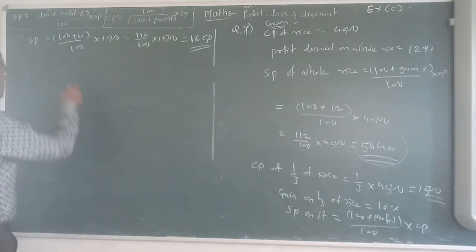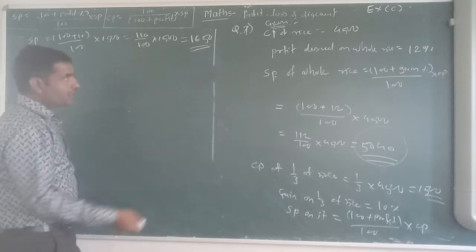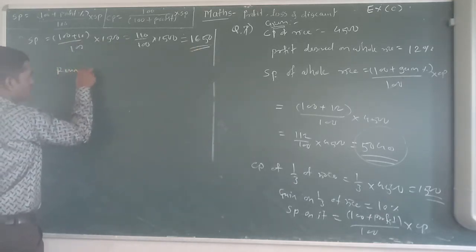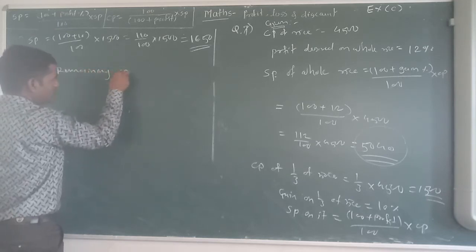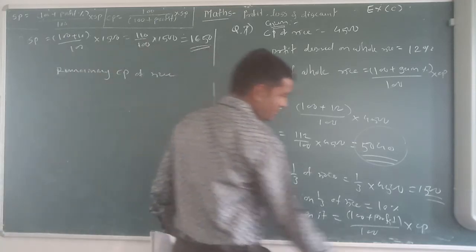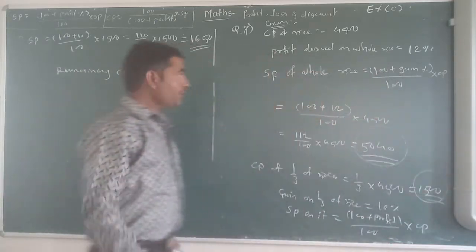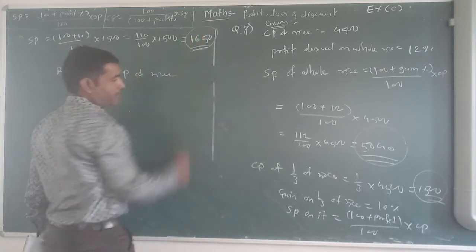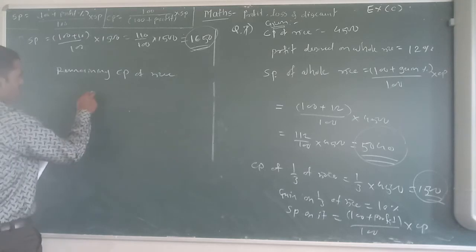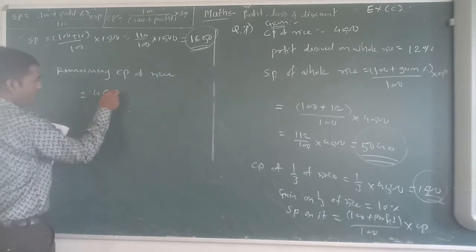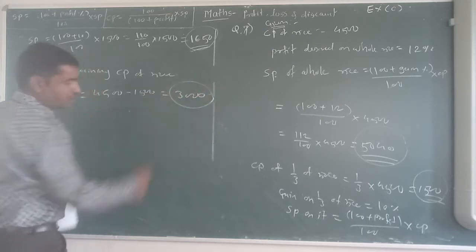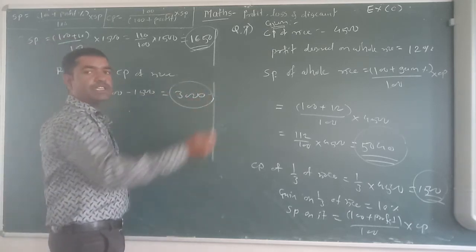Remaining CP of the rice, जितना CP, ये जो remaining CP, कितनी remaining CP of rice. उसने कितना 1500 का जो था ये भेज दिया 1650 में. अभी कितना बचा है, remaining CP, which will be the 4500 minus 1500, which will be the 3000.